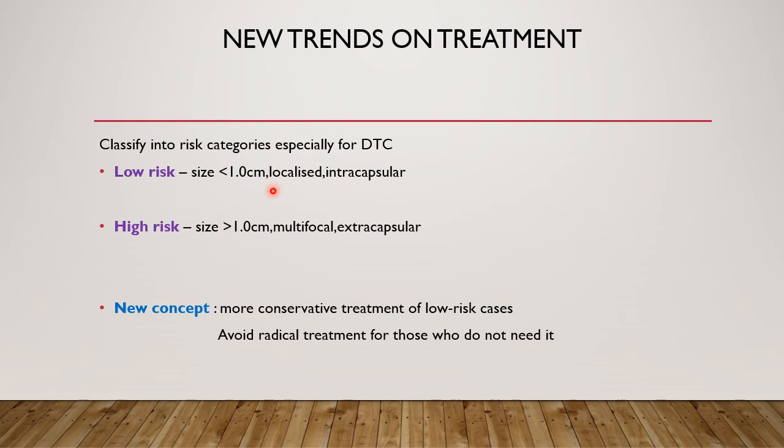The new trend is to divide the cases into low risk and high risk. Low risk are those patients with tumors less than 1 centimeter, localized and intracapsular. High risk is when the tumor size is more than 1 cm, multifocal and extracapsular. So the new concept is more conservative treatment of the low risk cases, to avoid radical treatment for those who do not need it.